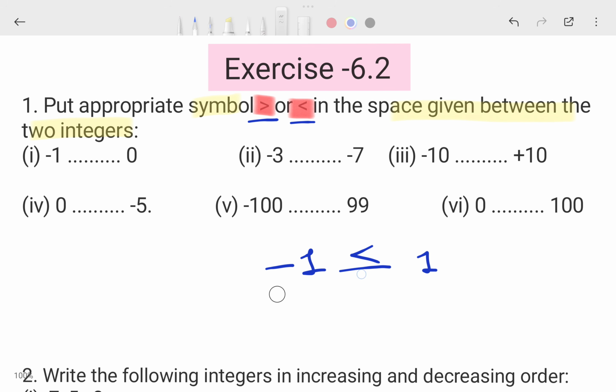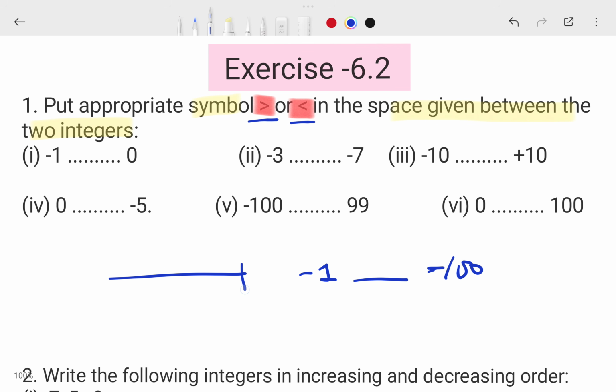One more thing. Let me take an example: this is -1 and this is -100. Which is greater? Among negative numbers, the one that looks smaller is the greater. Why?